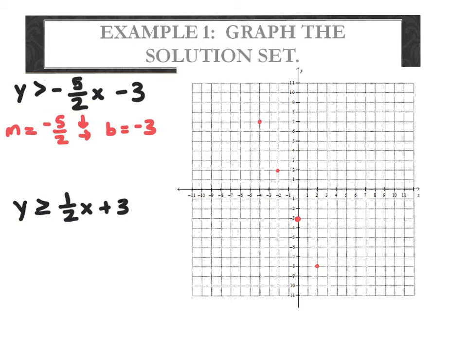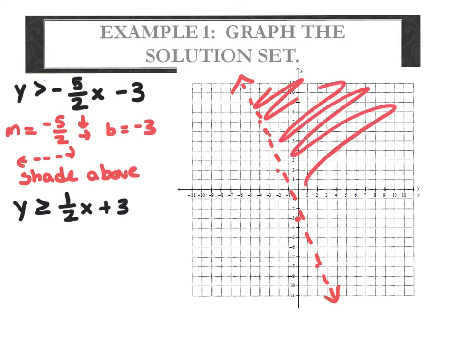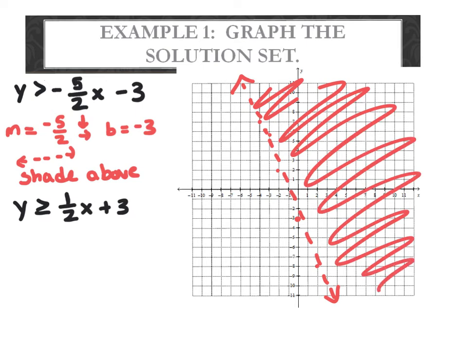Now, since it's greater than, it's going to have a dashed line. And also, since it's greater, that means you're going to shade above. So you'll shade this whole side of the graph.